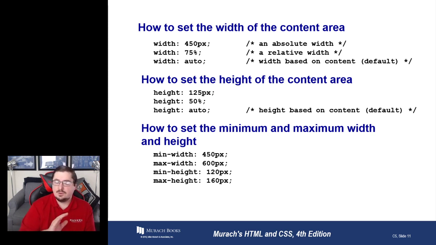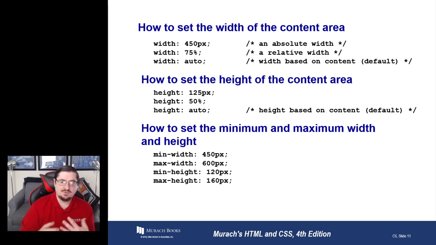Okay, so I can also set a relative width, say that this should be 75%, and typically what that means is it's going to be 75% of the container that it's in, right? So that would be three quarters of whatever the width of its container. Okay. I can also set the width to auto, which is usually the default.